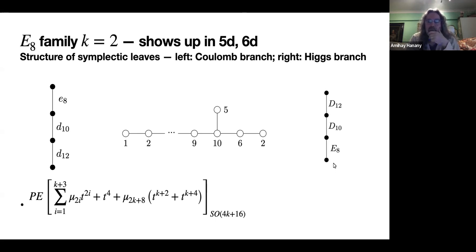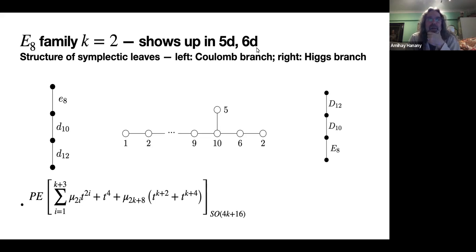So from this point of view, it's a challenge to compute the Hilbert series for the Higgs branch of those things. I don't know if anyone has done this computation.